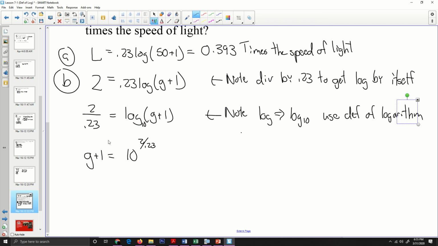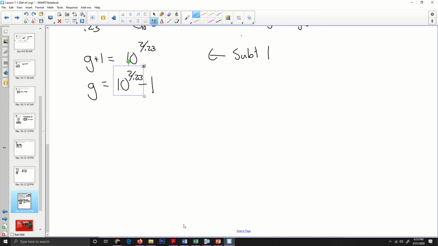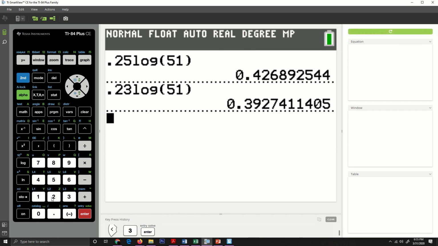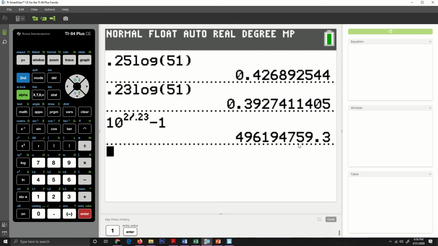All right. And now I just have to subtract 1, and I have G equals 10 to the 2 over 0.23 minus 1. And this minus 1 becomes almost insignificant. So let's go to our graphing calculator. 10 raised to the 2 divided by 0.23, and then I need to bring it back down, minus 1, hit enter, and I get, oh, that's a big number.